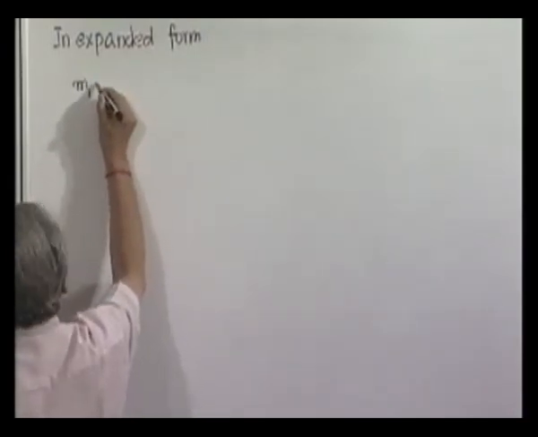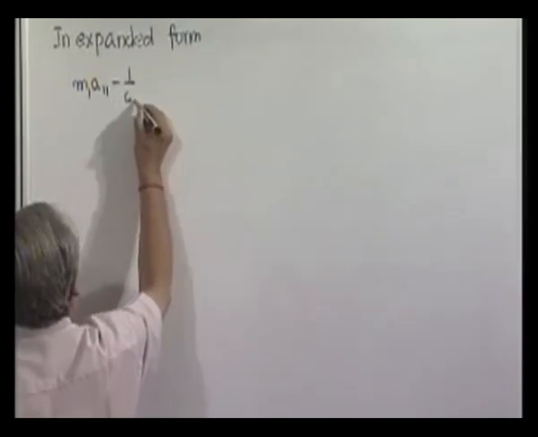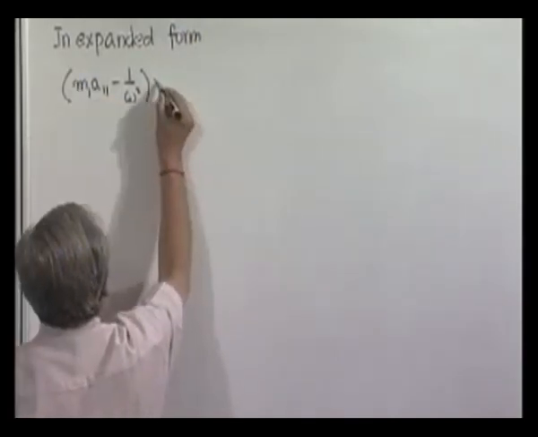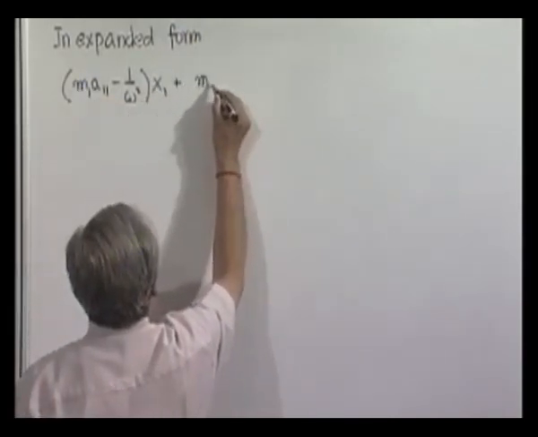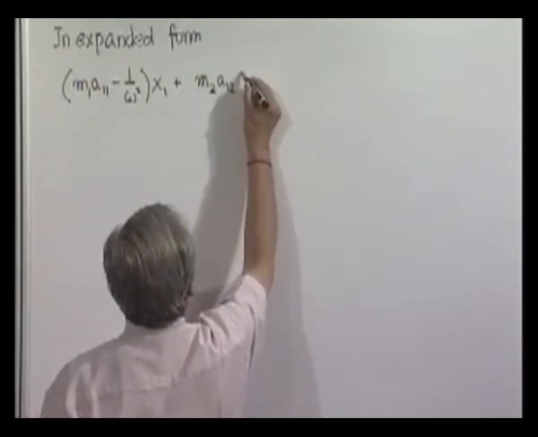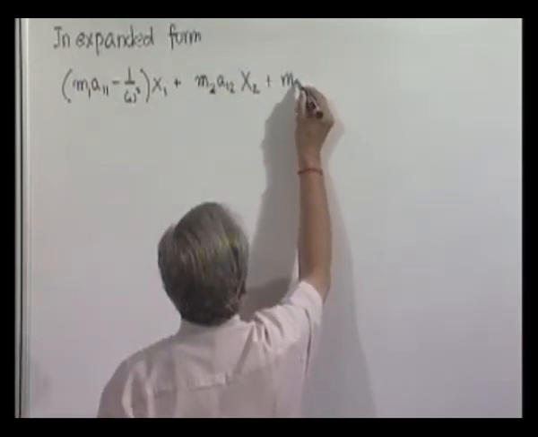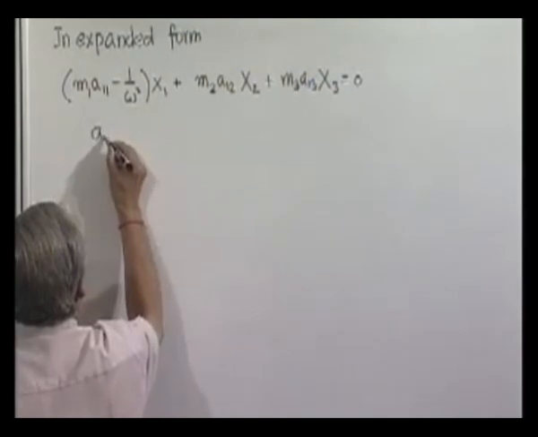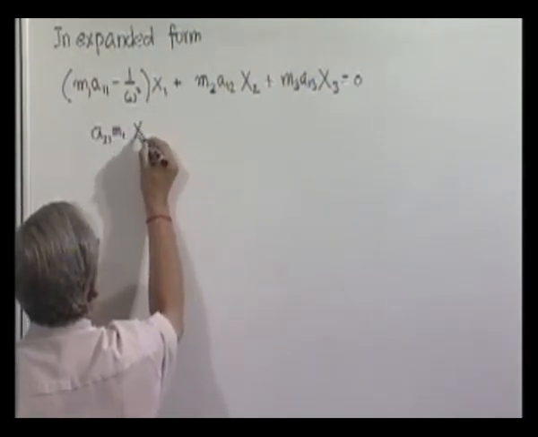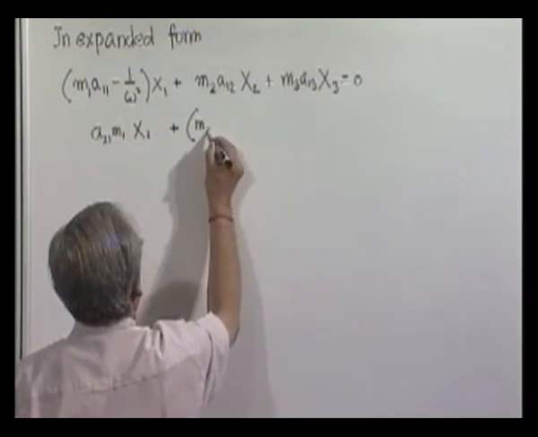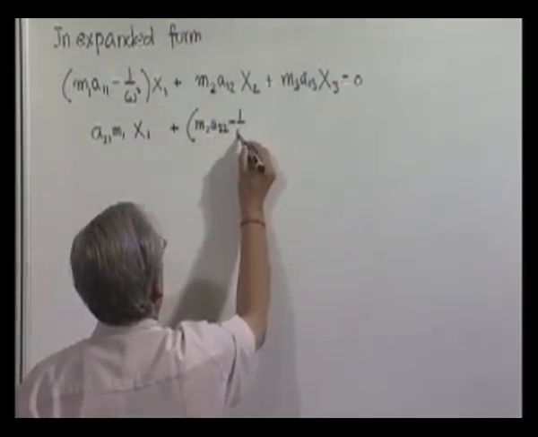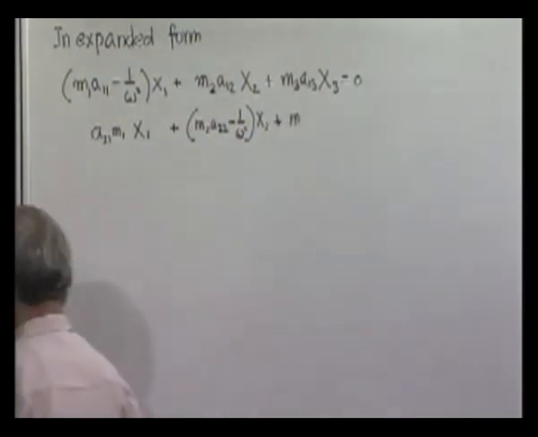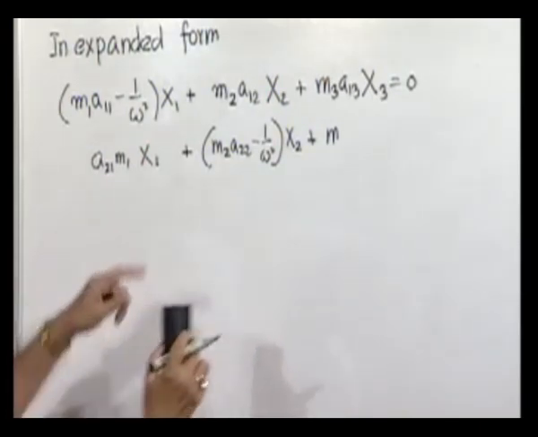M1 A11 minus 1 by omega square, and the other equations follow the same kind of thing.